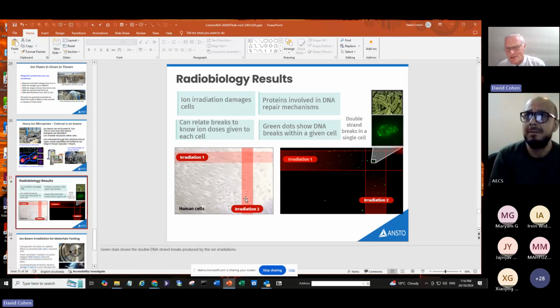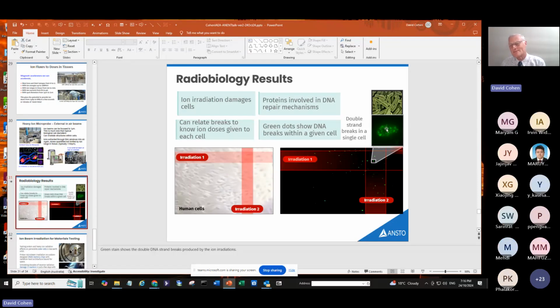This little blow up here is one of the cells, and when you stain it, you can see the DNA breaks here. Each one of these you can count is a double or single strand break in each of the cells.